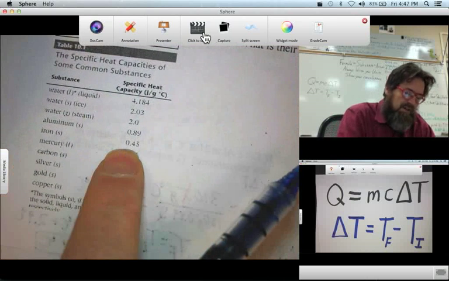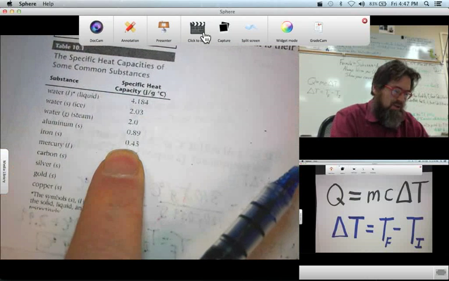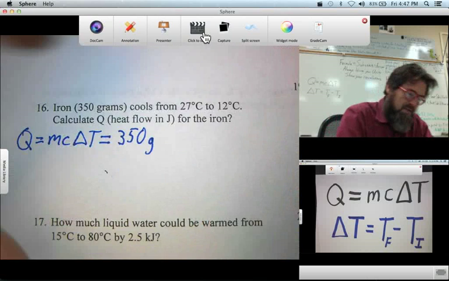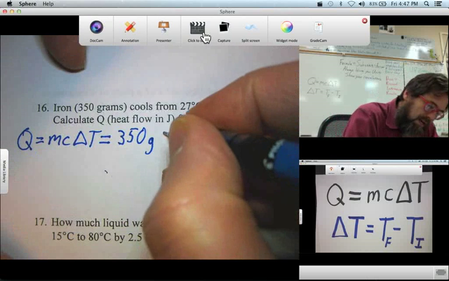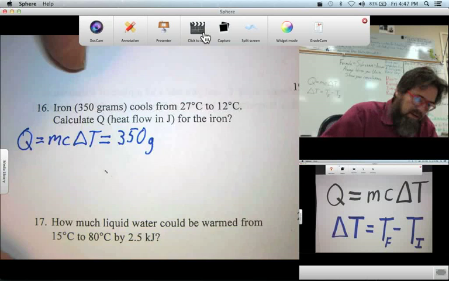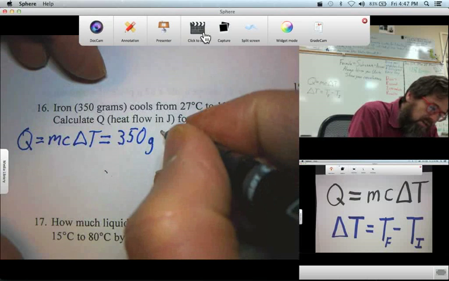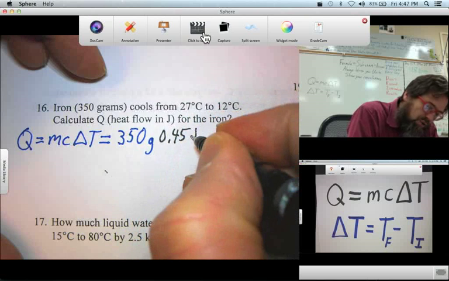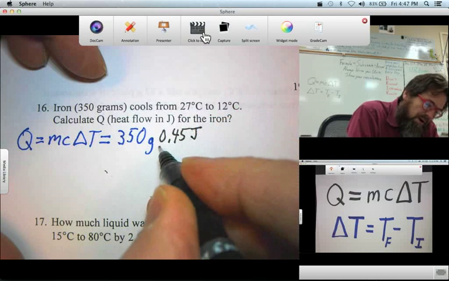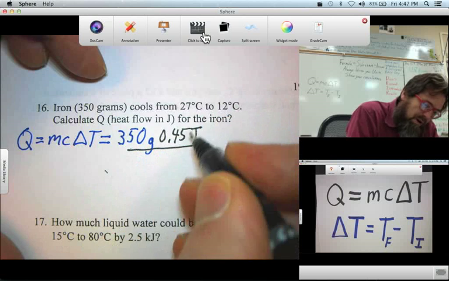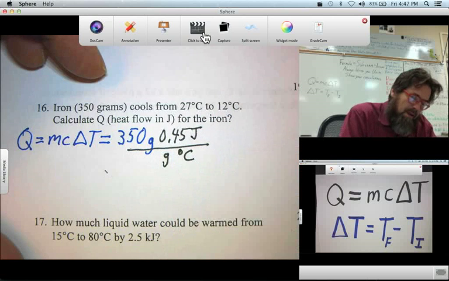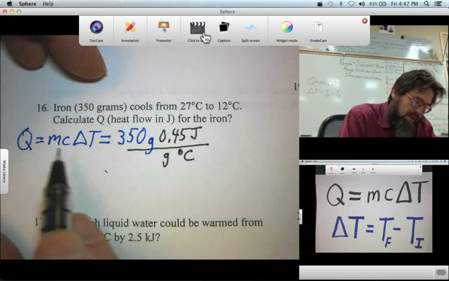Iron is 0.45 joules per gram degree C. So let's write that in. I'm going to change colors so it doesn't blend in with the others. 0.45 joules per gram degrees C, times delta T.